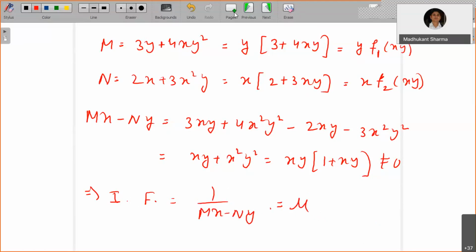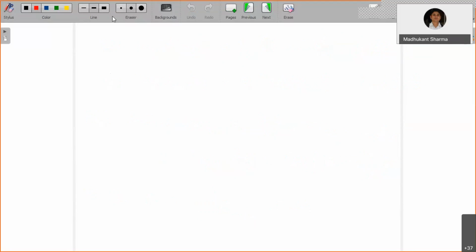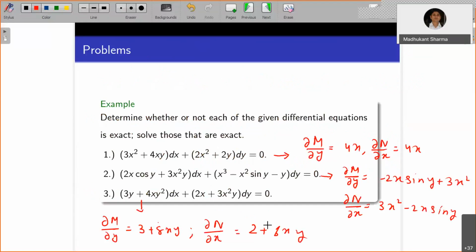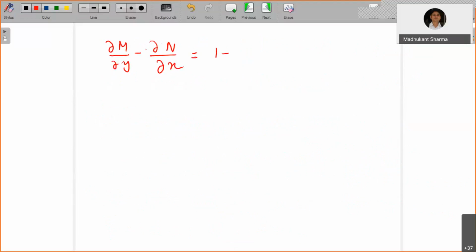Now, what I am doing here is again checking dou M by dou y minus dou N by dou x. So I just want to check: dou M by dou y minus dou N by dou x is equal to, so 3 minus 2 is 1, 8 minus 6 is 2, so it is 1 plus 2xy.